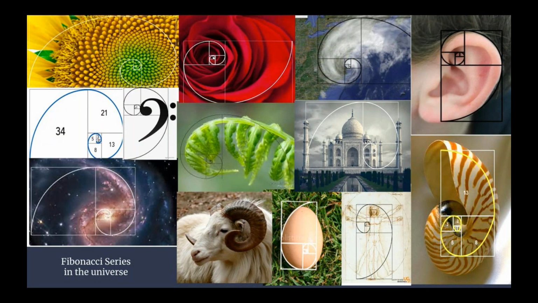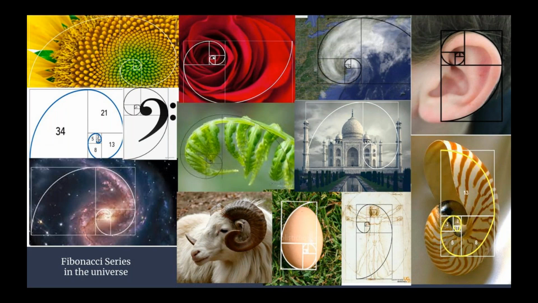Our eyes are just drawn to things that express this ratio and consequently the series. And it's expressed everywhere: from plants to animals to the weather to art, music, buildings.